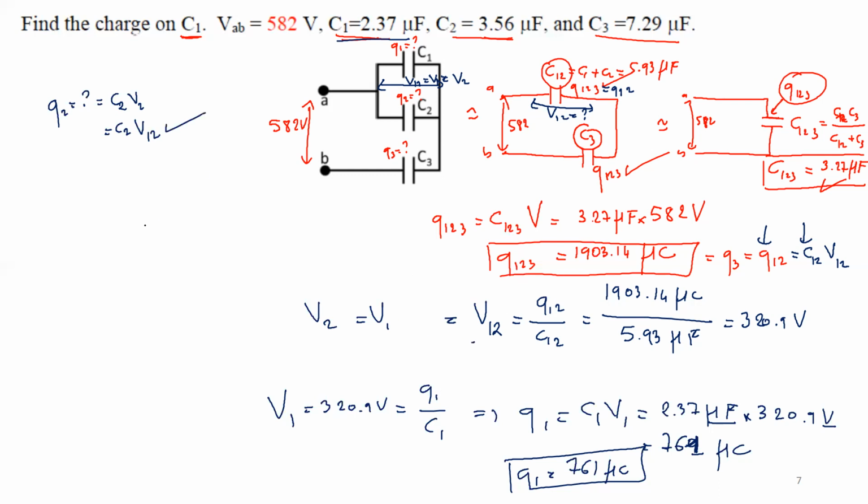And you can check that Q1 plus Q2 will give you Q12. But you remember Q12 was also equal to Q123, so you can check that it's equal to 1,903.14 microcoulomb.